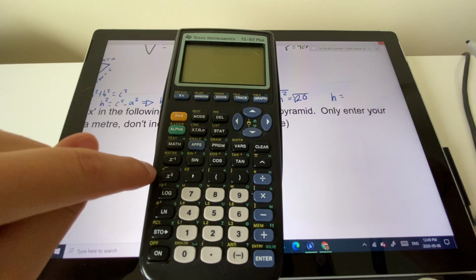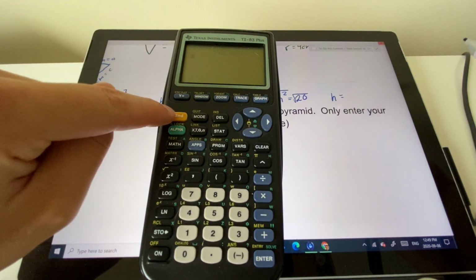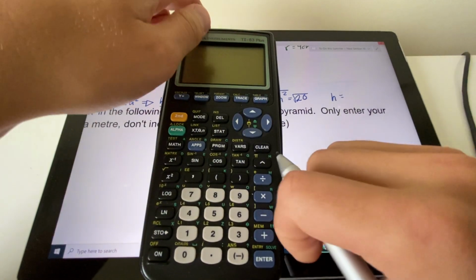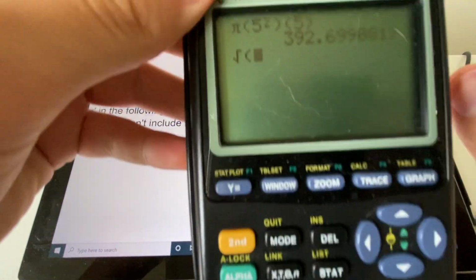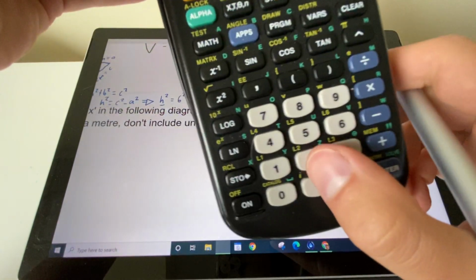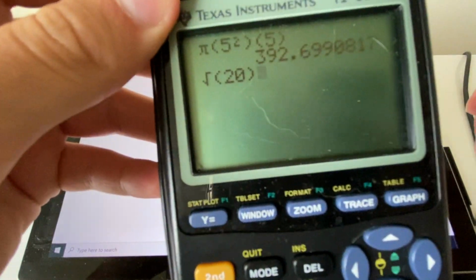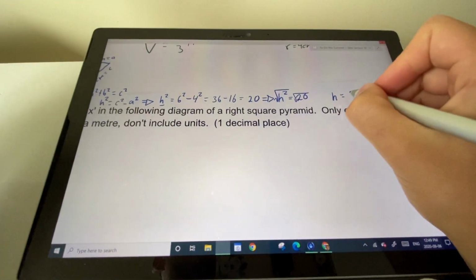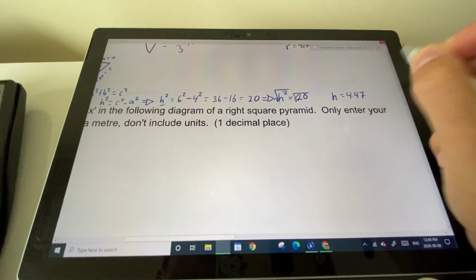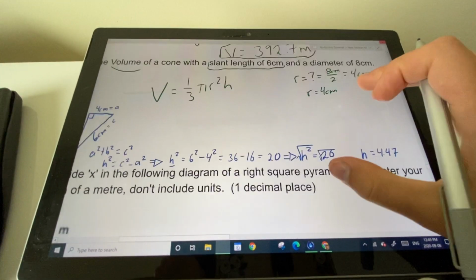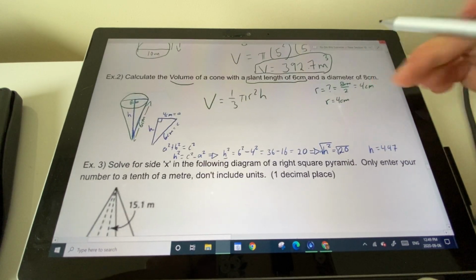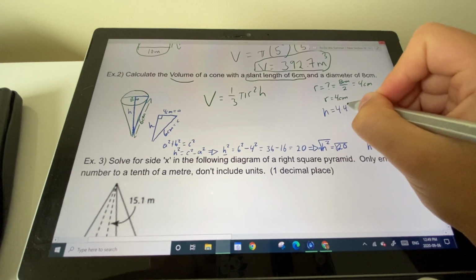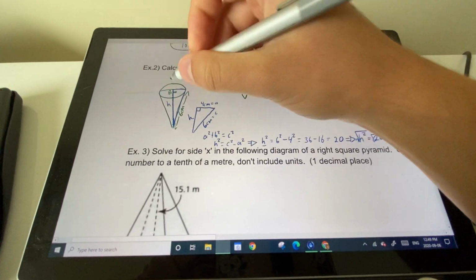To square root a number, it's in the yellow, so we're going to press the yellow button, second, square root, so you can see a square root value came up, and we're going to do 20. That gives us 4.47. So we have 4.47 now, which is h.